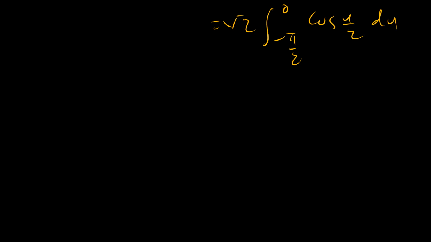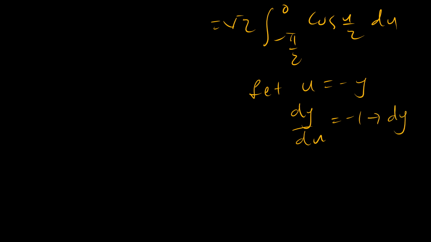We could also say let u be equal to negative y, or vice versa, so that dy/du is equal to negative 1, and therefore dy is equal to negative du.